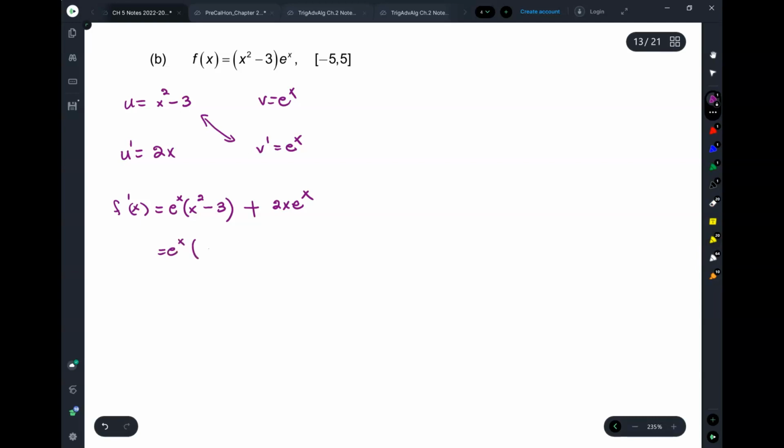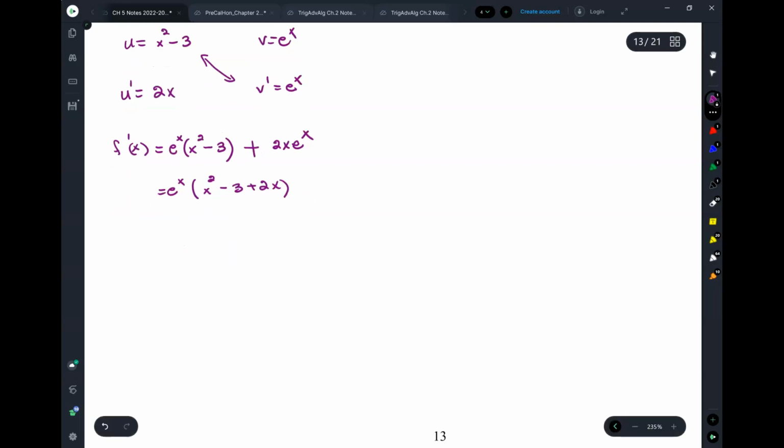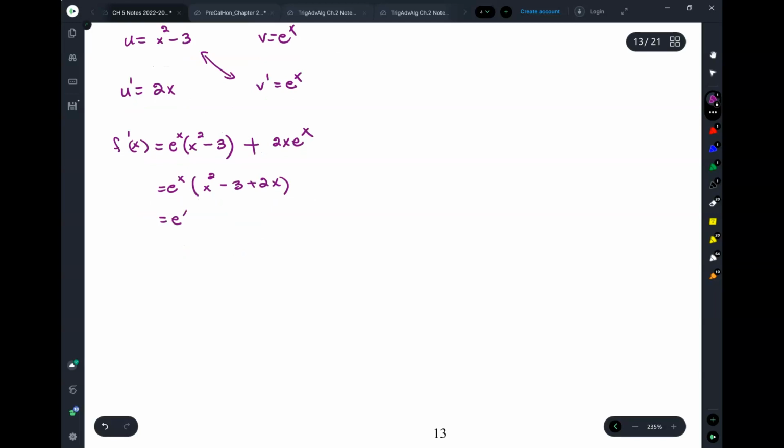So I get x squared minus 3 plus 2x. And now let's write this in better form. Standard form like this. Factor it.